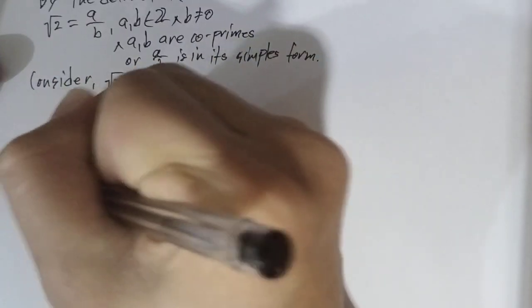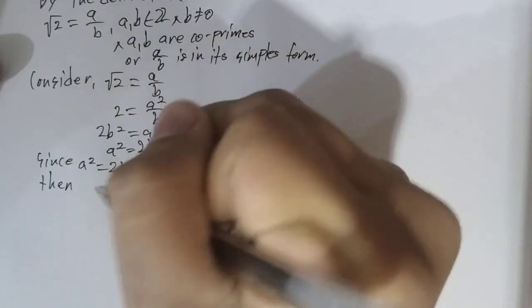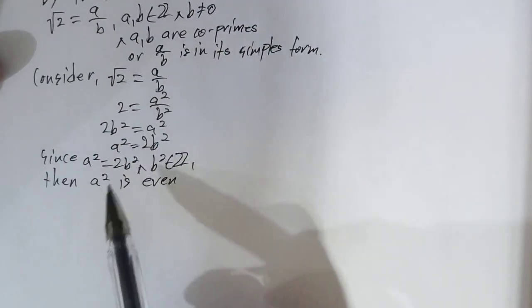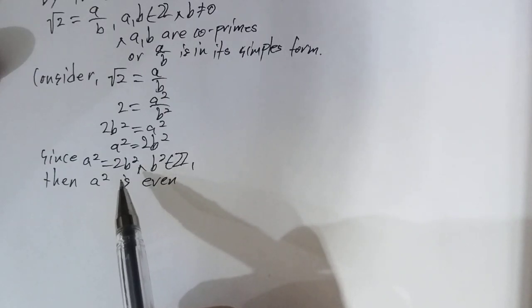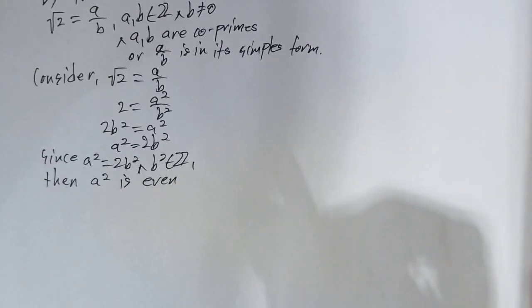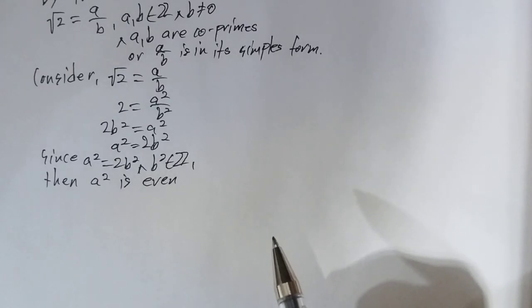Then we can say that a squared is even, since 2b squared, where b squared is an integer, is the exact format of an even integer.